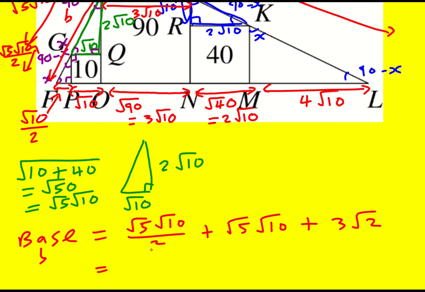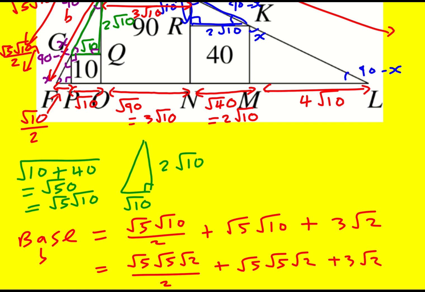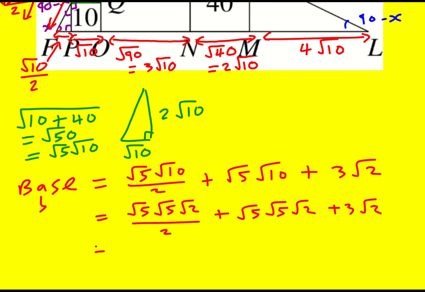Now, actually, this isn't as bad as it might have first looked when adding these surds, because I'm going to get root 5 root 5 root 2 when I separate that root 10 up, over 2, plus root 5 root 5 root 2, plus 3 root 2, which is going to give me 5 root 2 over 2 plus 5 root 2 plus 3 root 2.